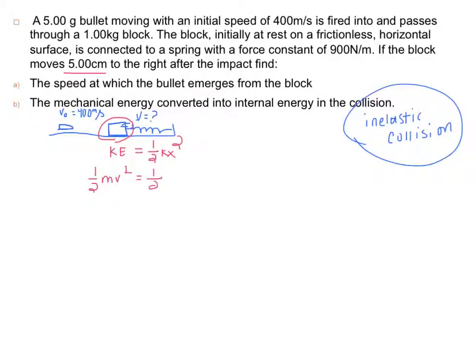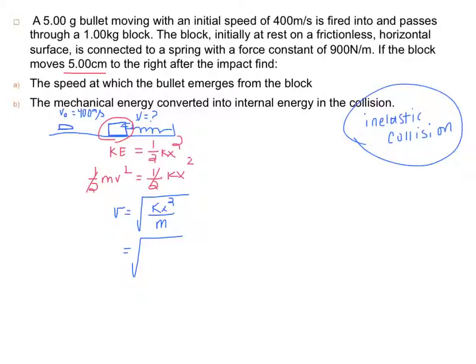Now this is not calculating the velocity of the bullet, this is simply calculating the velocity of the block. So again, the 1/2 cancel. We want to solve for velocity, so velocity is equal to the square root of kx squared divided by m. Now here, the mass you're going to be using is only the mass of your block.